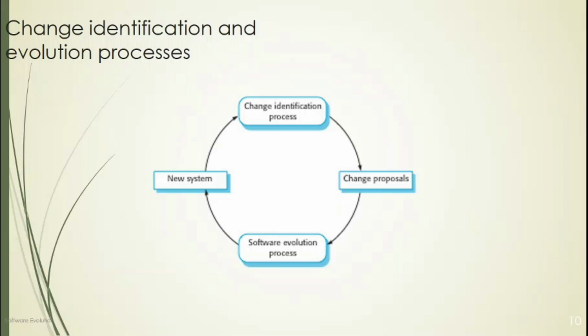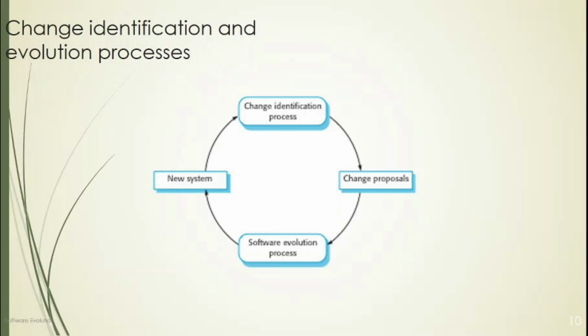Then after that, the change process: the software engineers involved in the maintenance or evolution of the system have to give a proposal or estimation for the change, that is, what changes have been identified for the existing system.